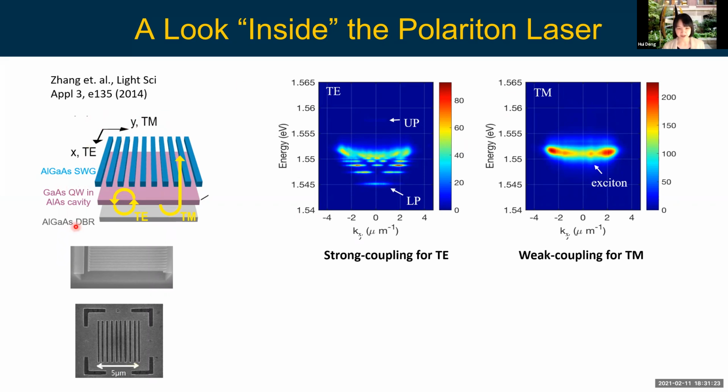So for one polarization, we have our strong coupling and the polariton modes, as shown here. And for the other polarization, we don't have a strong exciton-photon coupling, so we essentially just have a classical electron-hole plasma. That's shown here. And the energy difference between here and here is basically the level splitting due to the coupling in the cartoon before.